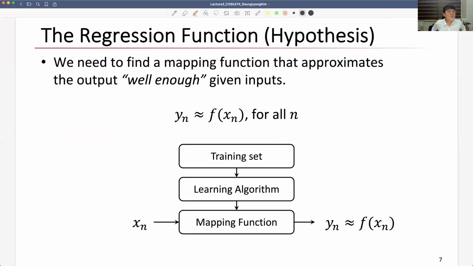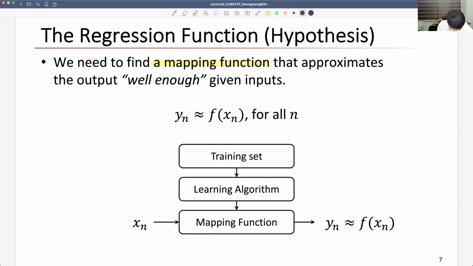Anyway, there are two goals of the regression problem. To solve the regression problem, we need to find the mapping function that approximates the output well enough given the input data.